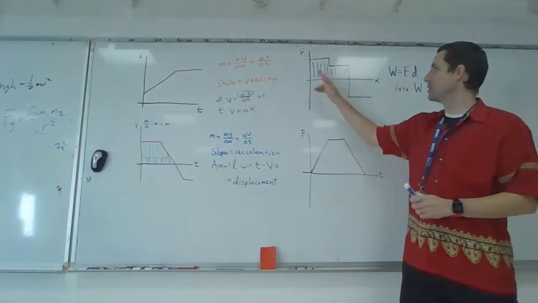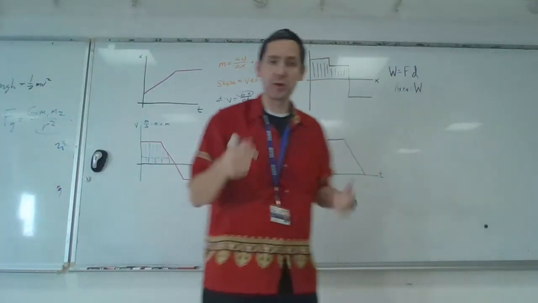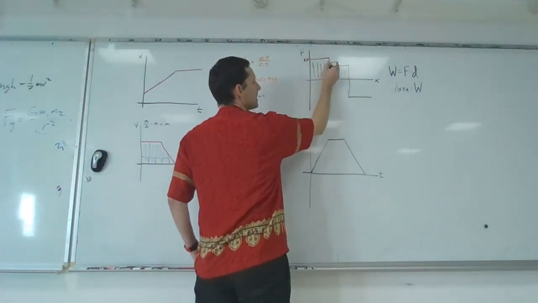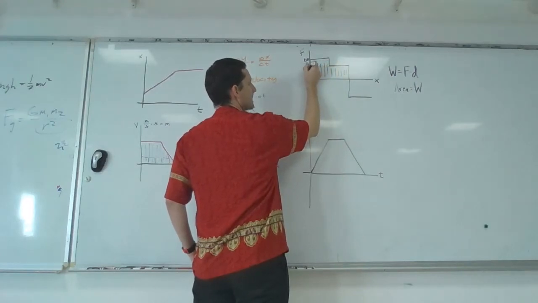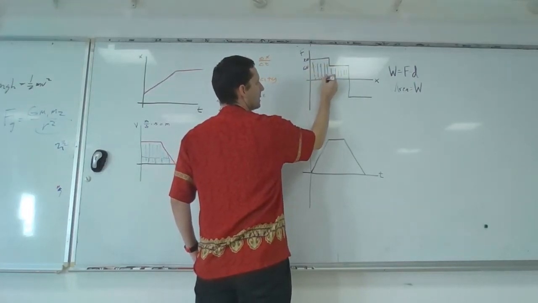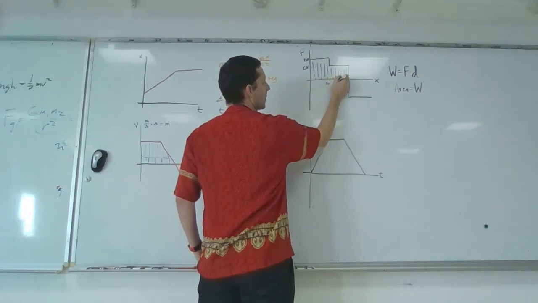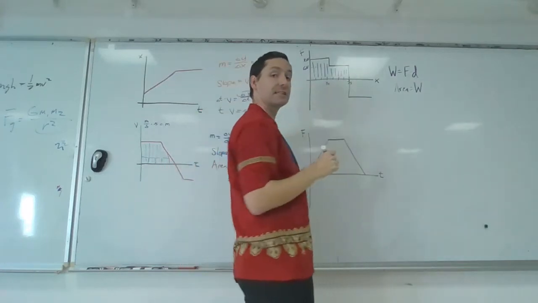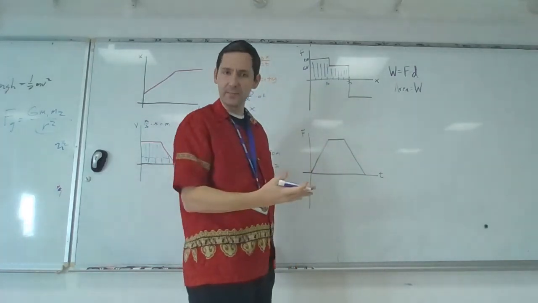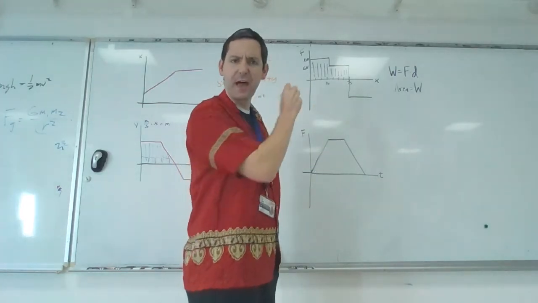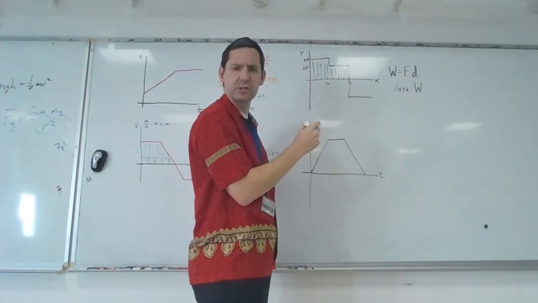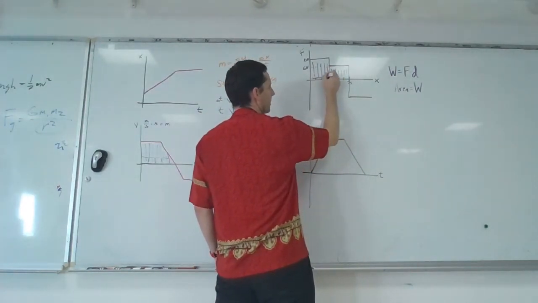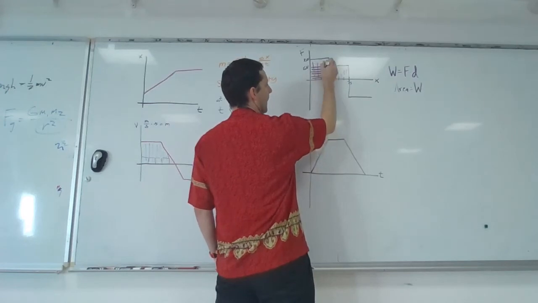All right? So I could take, let's go ahead and throw some numbers in here just so that we can see what this looks like. So let's say that we started with a force of 10 newtons, and then by the time we got here, let's say that's 6 newtons, and then the time is 1, 2, 3 seconds, 4, 5, 6, 7 seconds. So in the first 7 seconds, how much work was done? Well, we can find the area. Now, that's kind of a weird shape, kind of a stair-step shape. So we're going to break it up into rectangles. I'm going to have this rectangle right here, and I can find the area of that.